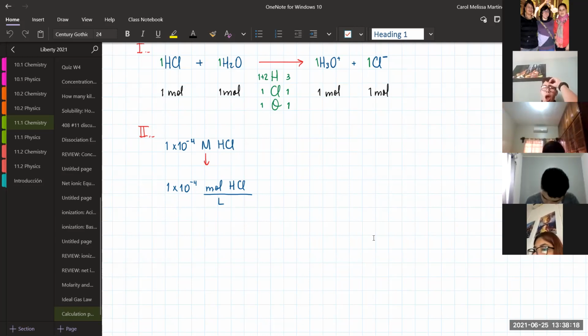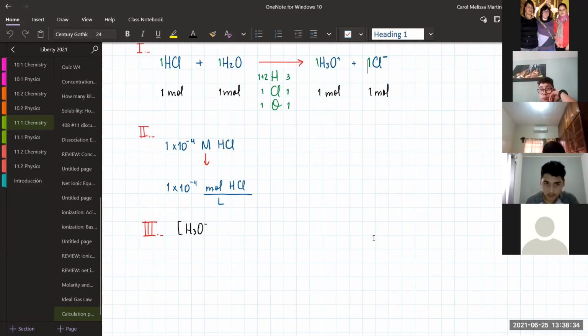In the third step, we're going to get the hydronium concentration by using molar ratios. And what is the molar ratio between the acid and the hydronium ion? 1 and 1, 1 against 1.